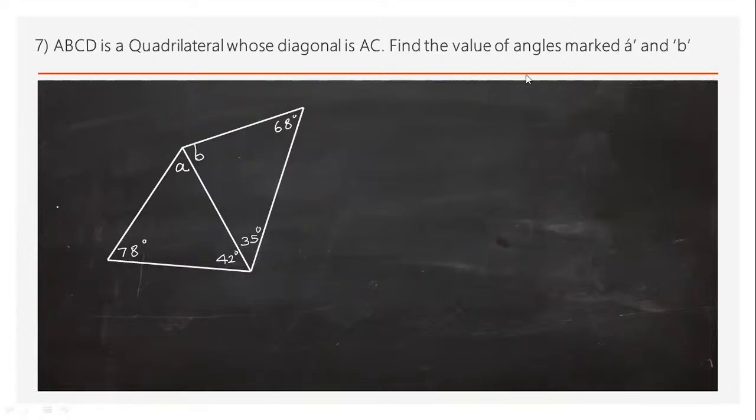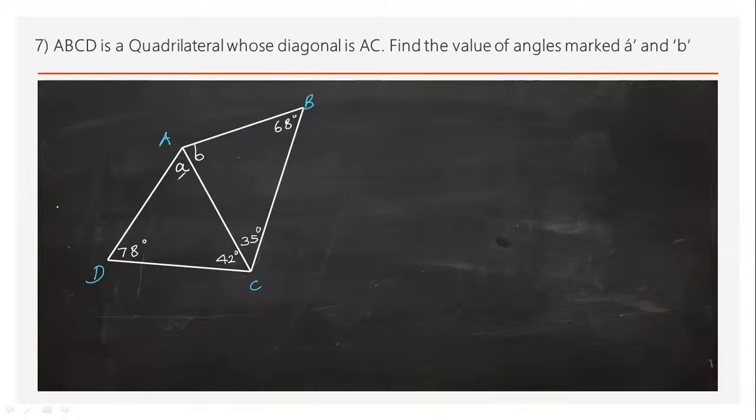Find the value of angles marked A and B. I haven't marked the ABCD in this quadrilateral. AC is the diagonal. Then I will write ABCD. This is a quadrilateral, then the diagonals are AC here. Find the values marked A and B here.